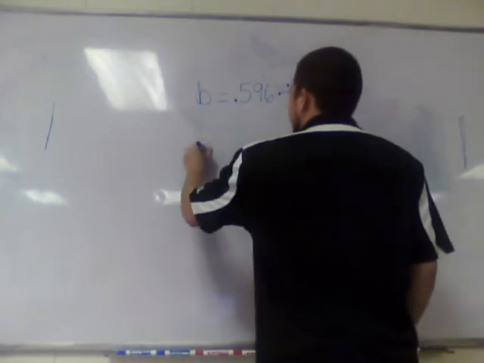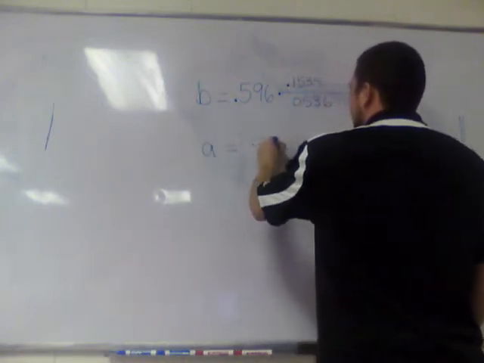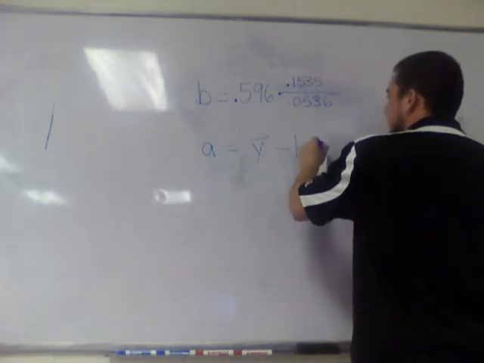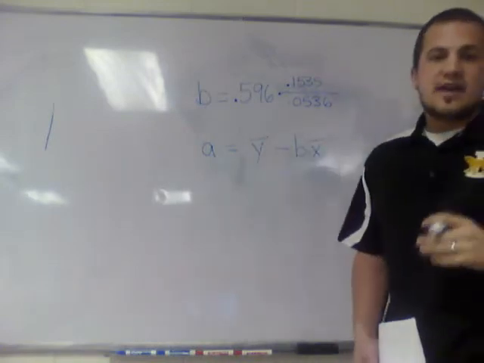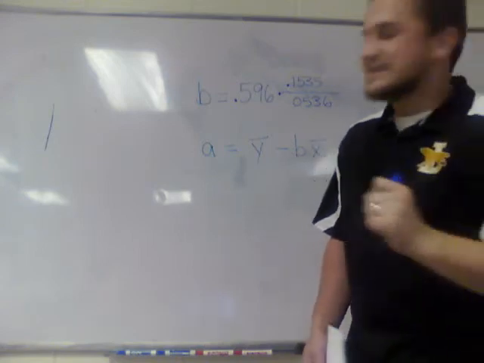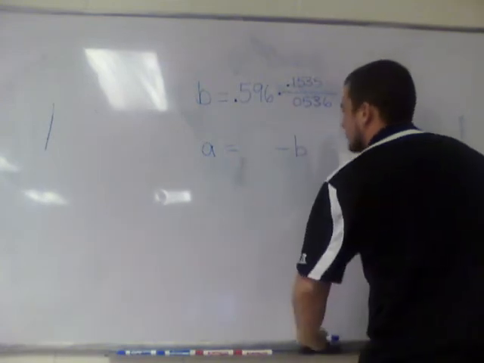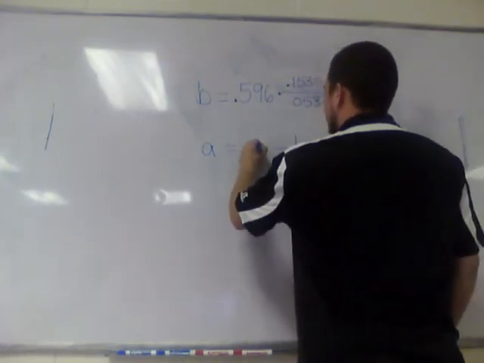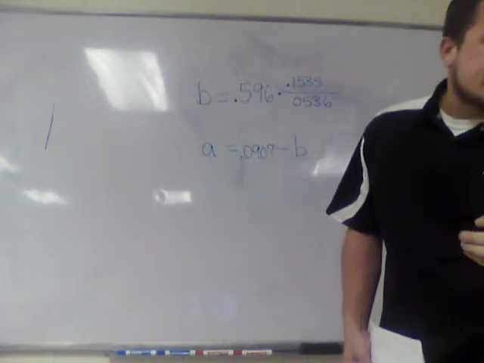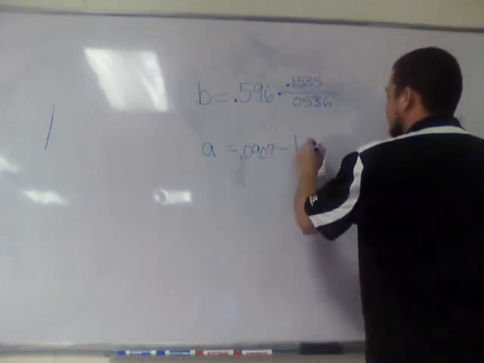Then once we get B, we get A by taking the mean of Y minus the B we just got times the mean of X. And remember, the mean of Y is 0.0907, so we can go ahead and put that in for the mean of Y. 0.0907, and the mean of x is 0.0175.